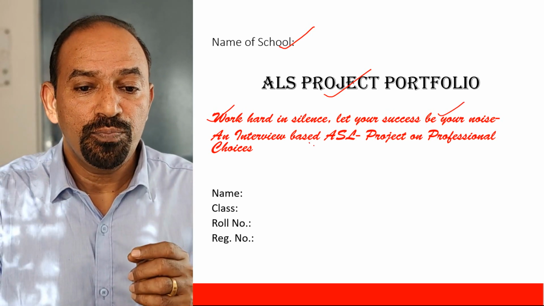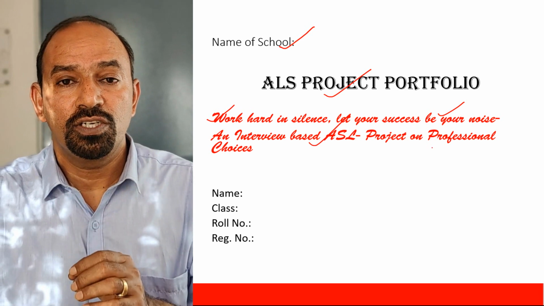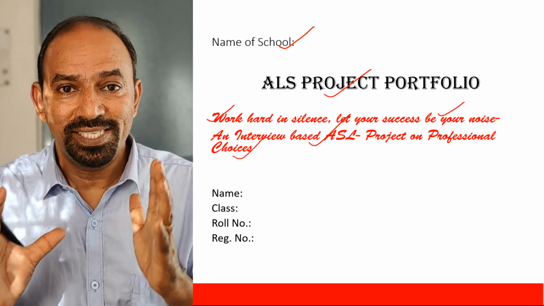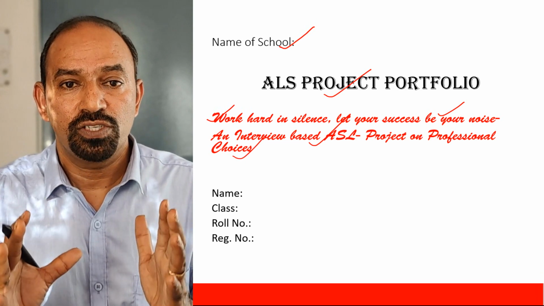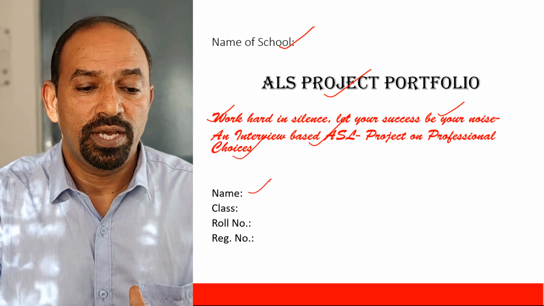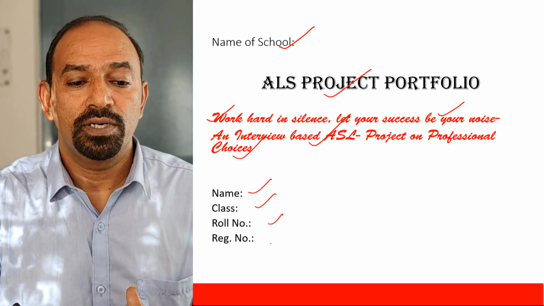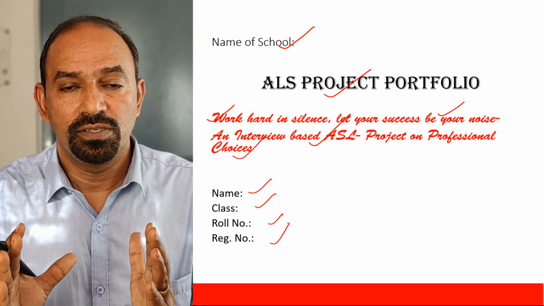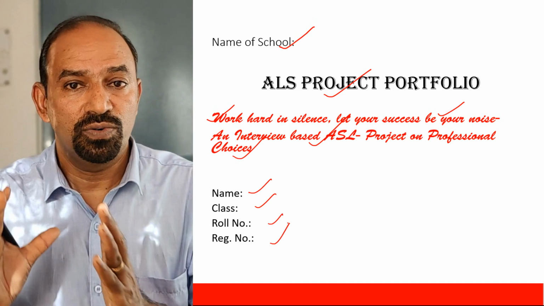An interview-based ASL project on professional choices. This is the title I have chosen for the project. Now write your name, class, roll number, register number. This is the front page or the first page of your project.